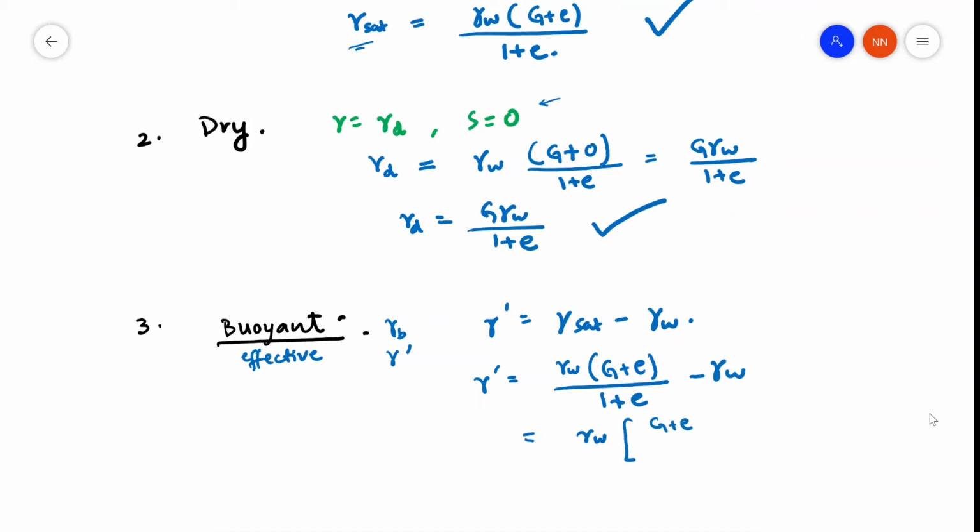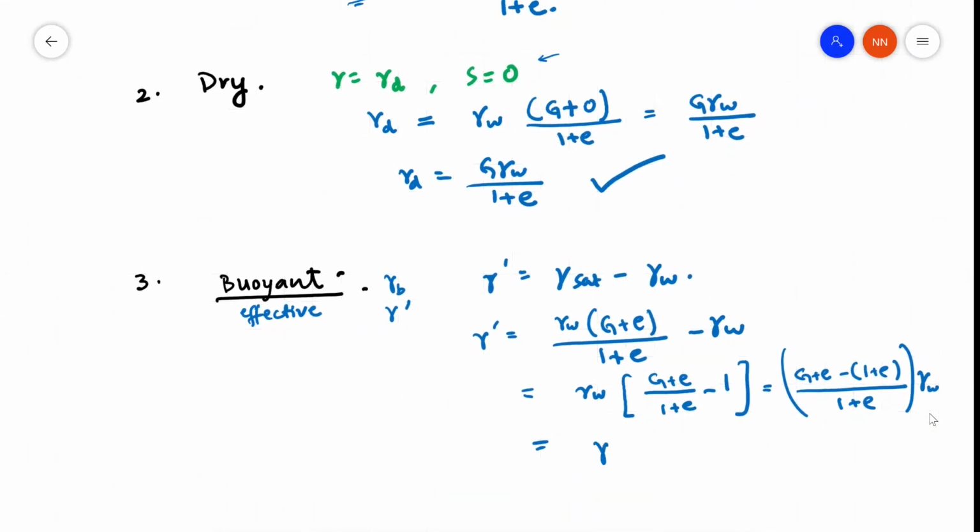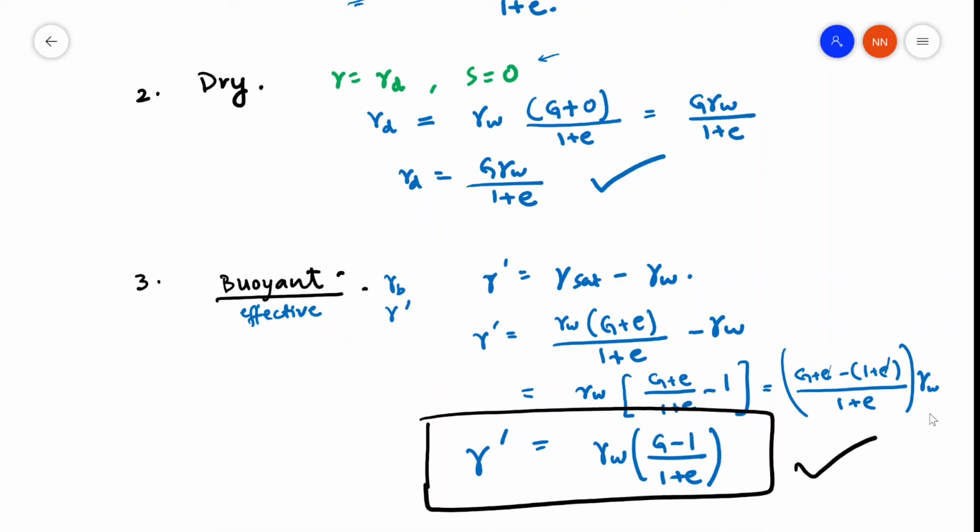Inside we'll have G plus E over 1 plus E minus 1, and if we do this calculation, we get G plus E minus 1 plus E over 1 plus E, the whole thing multiplied by gamma water. Now E and E will go off, leaving G minus 1 over 1 plus E. This is the expression for gamma dash. Very important relation again.